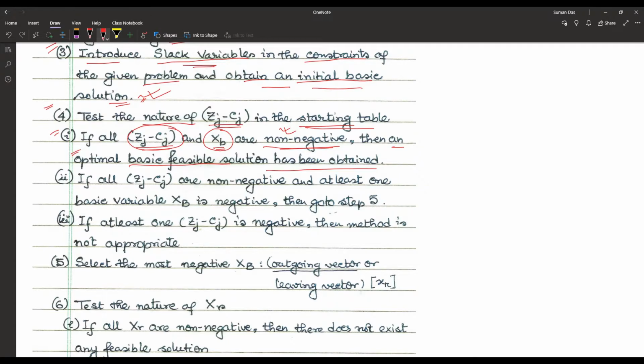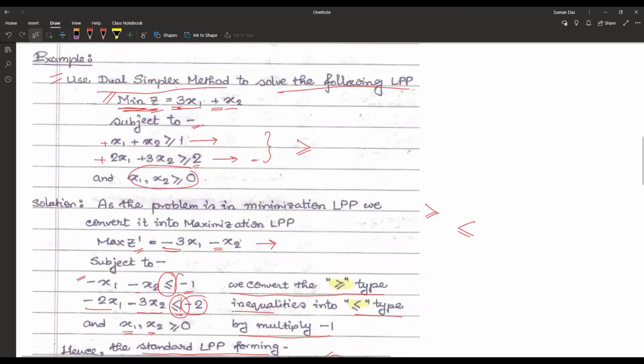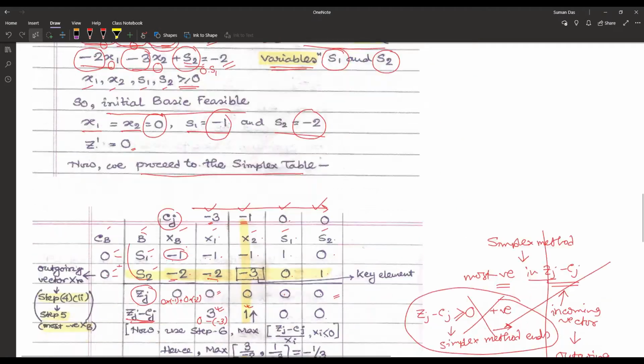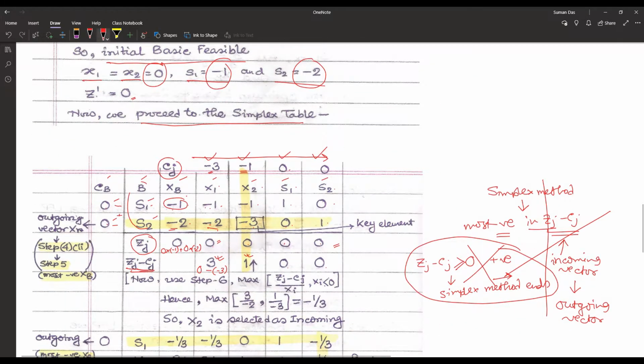Let's check in the table, is it our case? Zj minus Cj are all non-negative, but in the case of xb those are not non-negative. -1 and -2, those are negative, so that is not our case.